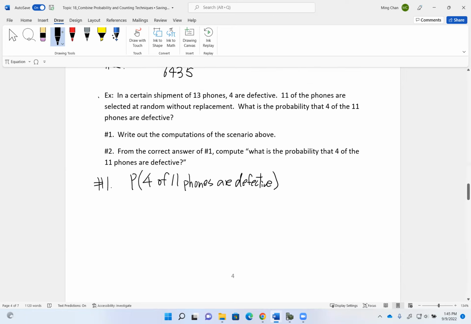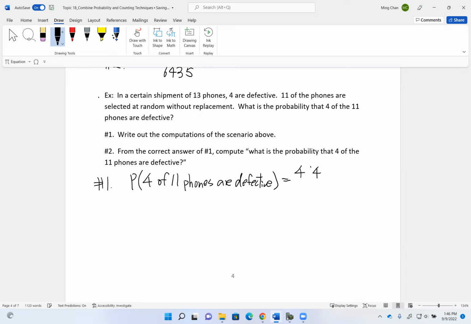All right, so let's think about this. Let's select the phones. I need to select all 4 defective. Because if this number changes to 3 of the 11 phones are defective, there would be 4 defective phones choosing 3 of them. But this time you want me to choose all 4 of them. So there are 4 defective phones total.